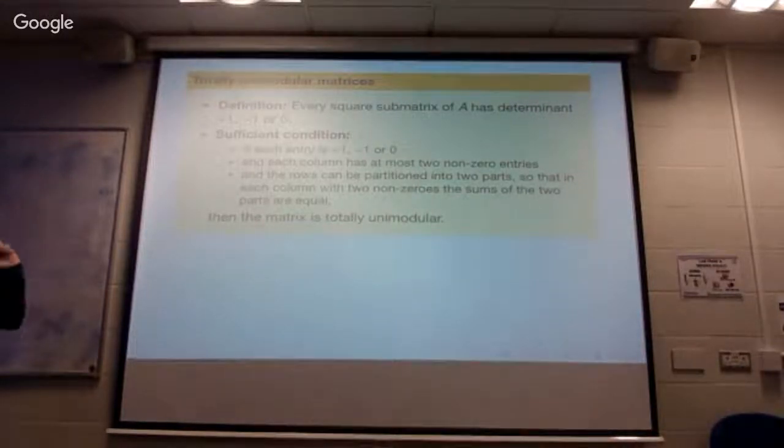And you always get a +1 or a -1 or a 0. Imagine a matrix like that. Then this matrix is called totally unimodular. Don't ask me why totally unimodular, but it's called that.